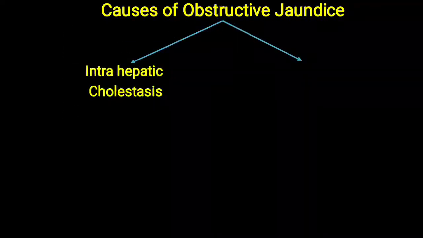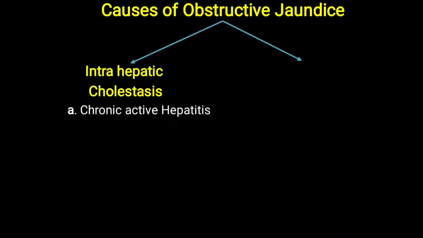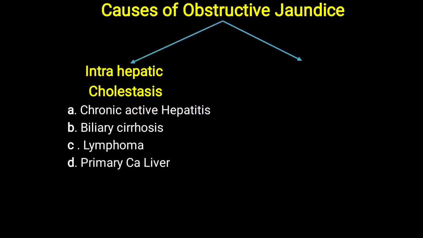Now, which are the causes of obstructive jaundice that you have to keep in mind? It is divided into two categories, intrahepatic as well as extrahepatic. Intra means inside the liver; cholestasis means bile stagnation, and it is mostly seen in chronic active hepatitis, biliary cirrhosis, lymphoma, and primary carcinoma of the liver. In this condition, the obstruction is occurring inside the liver.